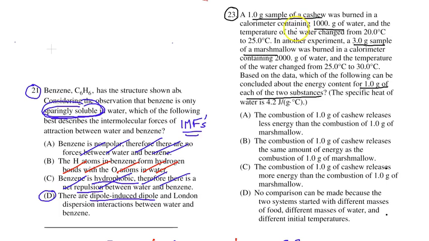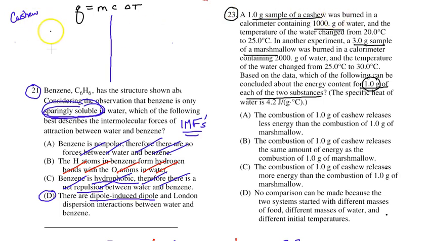Okay, well, we do know that we're dealing with Q equals mC change in T. Now, they're saying which one is going to give off the most energy per 1 gram. That's key. So if I break this up in half here, on the cashew side, what do I have?